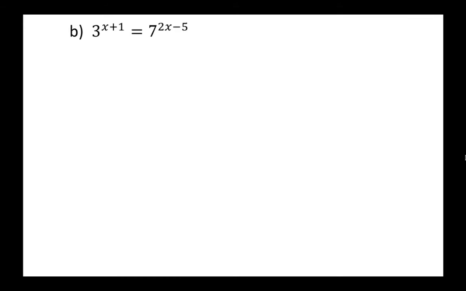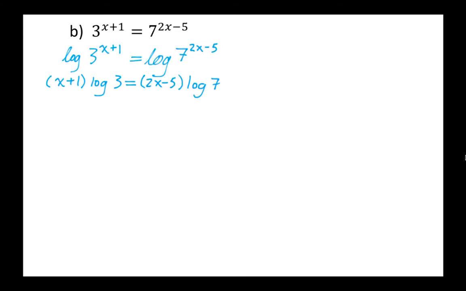So now let's take a look at this equation where we have two exponentials equated. I'm going to start in a similar way. I'm going to take the log of both sides. I'm going to use my laws of logarithms to take that exponent as a multiplying factor out in front.